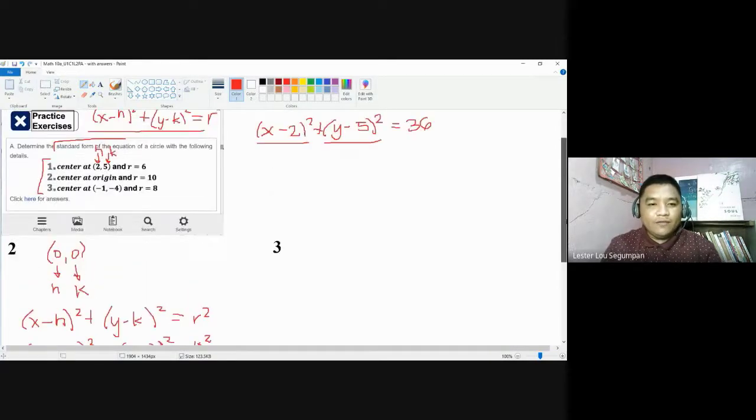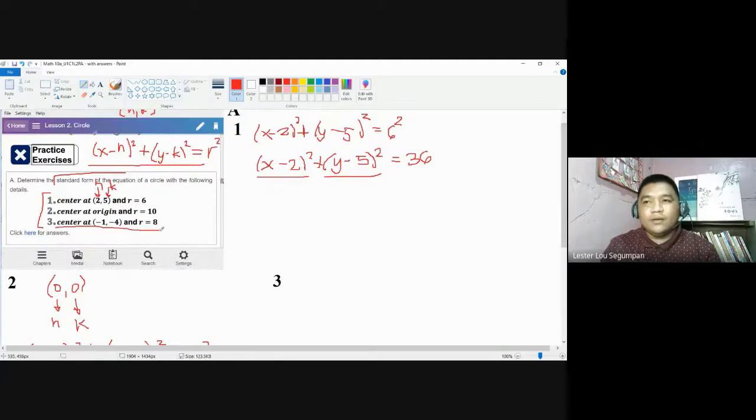And finally, number 3. We just need to substitute into our given equation, but look at the value of our center. Our h and k values are negative, so please do not forget to be cautious with the sign, because the standard form is x minus h and h is a negative number.